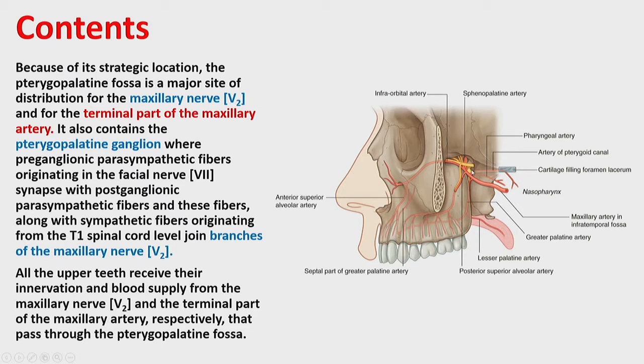There is a pterygopalatine ganglion, another parasympathetic ganglion, which is responsible for innervation of the lacrimal gland. Also innervation of the minor salivary gland and mucus secretion of the glands that are located above the oral fissure.